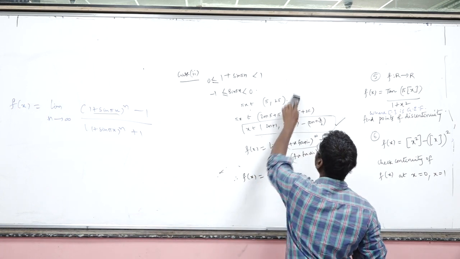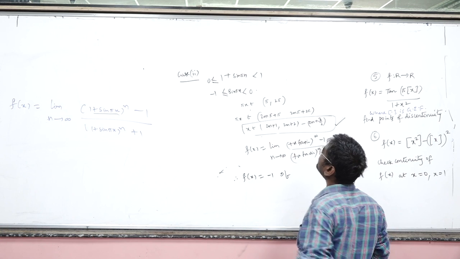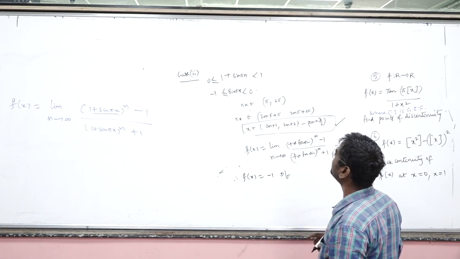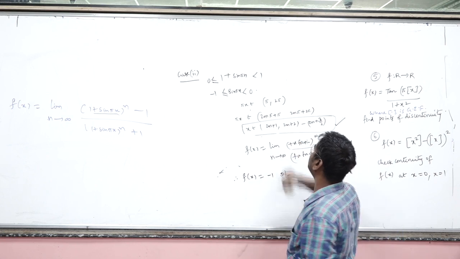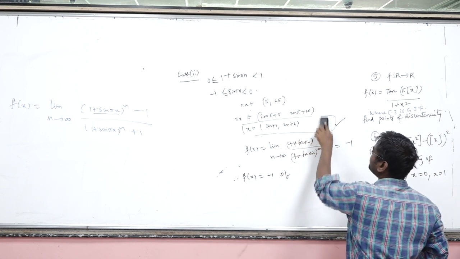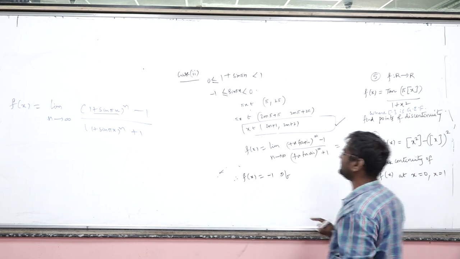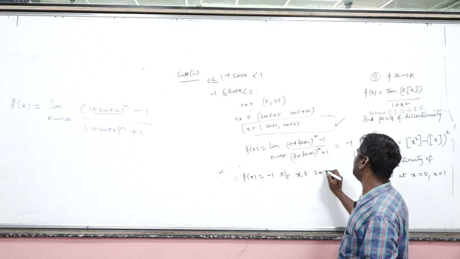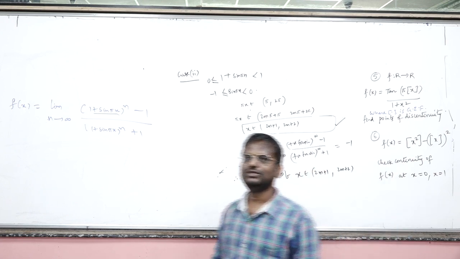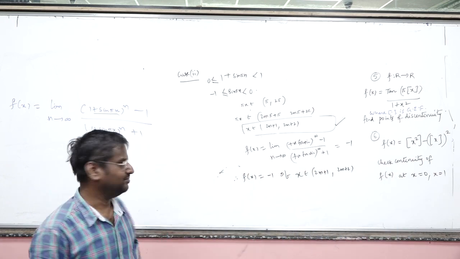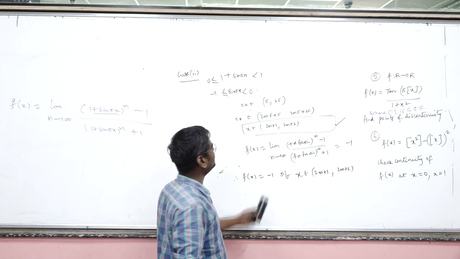So I need not exclude this. But it can't be 1. 1 plus sin pi x should be okay, excluding 3 pi by 2. So I don't exclude this now. Basically, if x belongs to 2m plus 1 to 2m plus 2, m is any integer, odd number to even number, in that case it is minus 1.